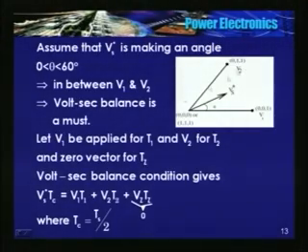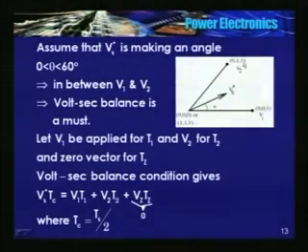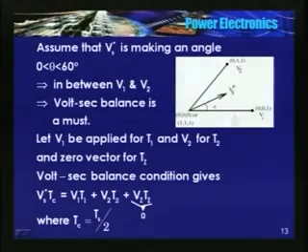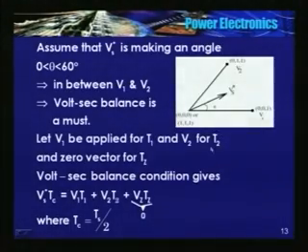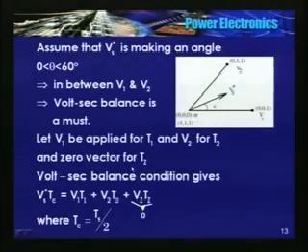So if V1 is applied for some time, say t1 seconds, and V2 is applied for t2 seconds, and the zero vector for tz seconds, what does the volt-second balance condition give?